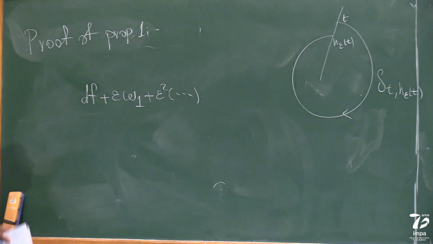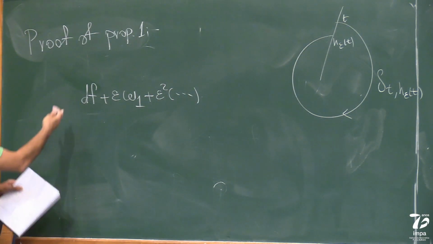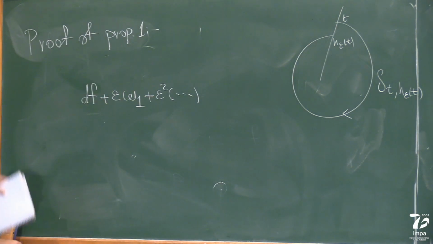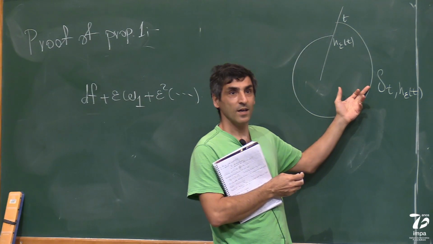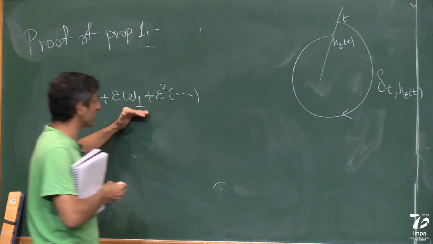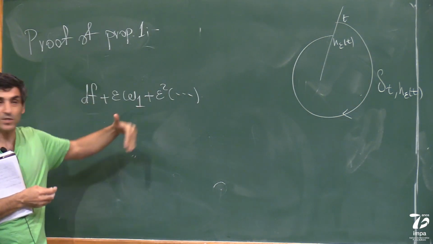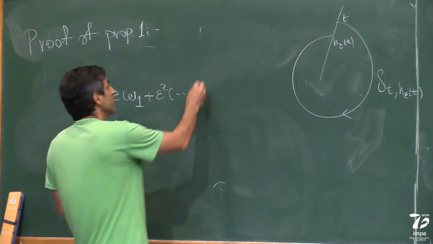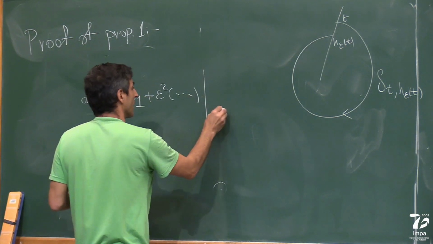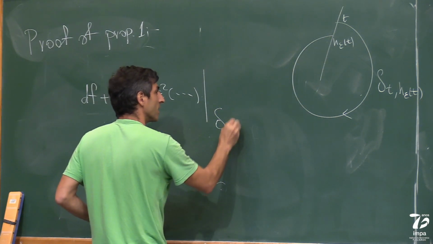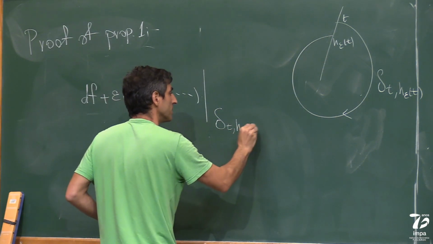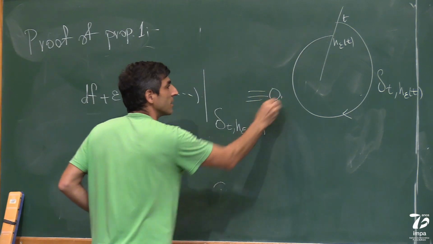So I have my foliation. What is the definition of this curve? This is the curve such that when I restrict this form on top of it, it is identically 0. So this is the definition of the leaf: delta T H epsilon T is identically 0.